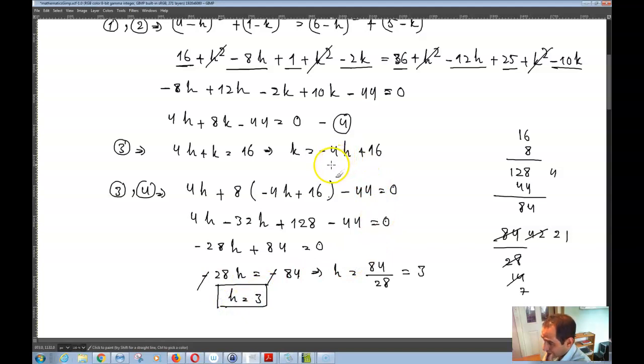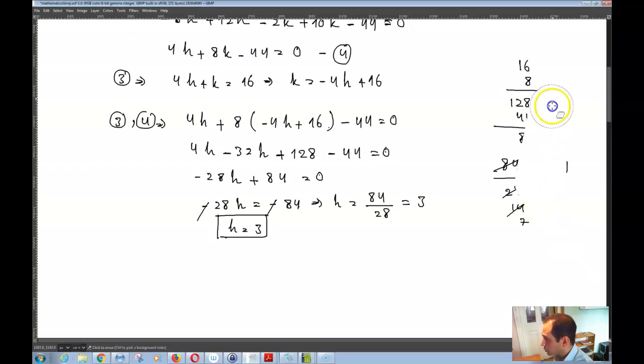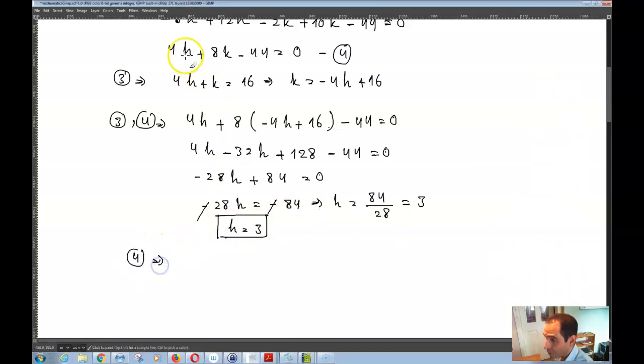Now I can use this equation number 4 and write 4h, 4 times 3, plus 8k minus 44 is equal to 0.